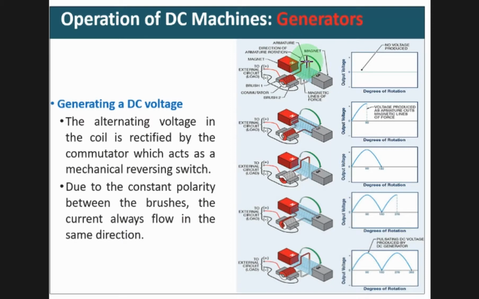So it is making sure that the direction of the current is such that it is giving the same EMF throughout. So the output you are getting now is like a full wave rectified AC signal.